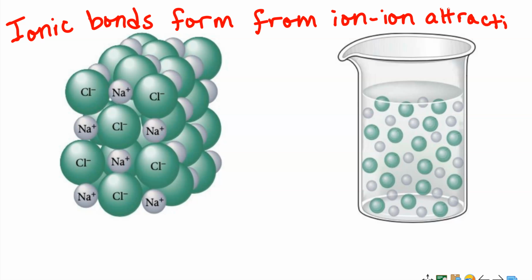Okay, so ionic bonds form from ion-ion attraction. So we have this negative thing attracted to this positive thing, and that's how they stay together.